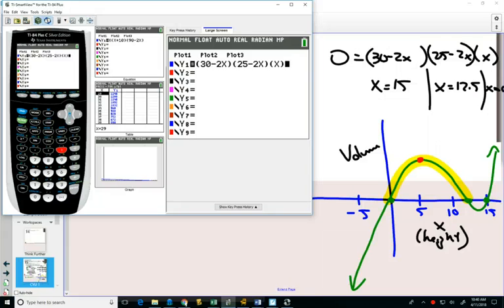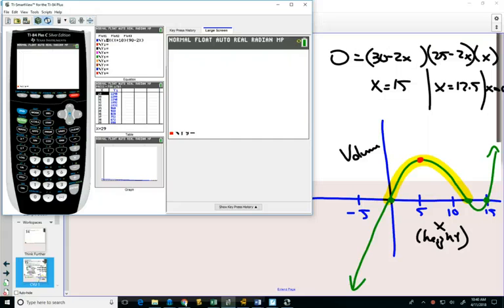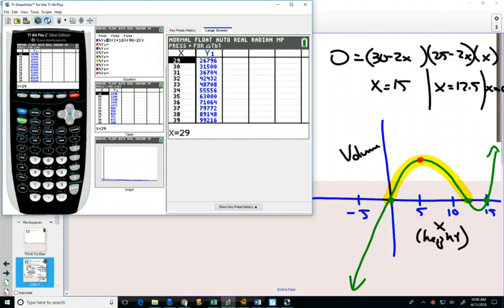To figure out how high we want to go on our y-axis, we're going to go to our table of values. But when we go to our table of values, we see that from our previous question, we already went up to 29. I had one student once see how high he could hit the down button until the end of class, and he got to like 10,000 or something.